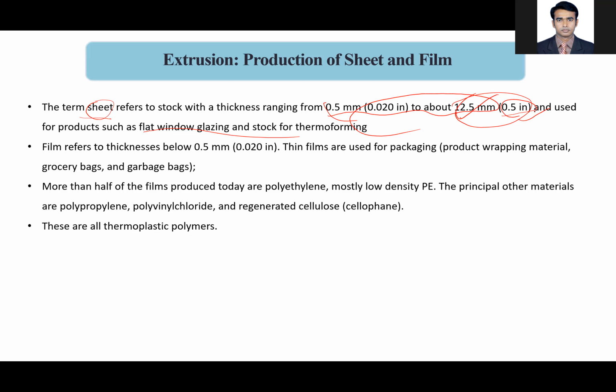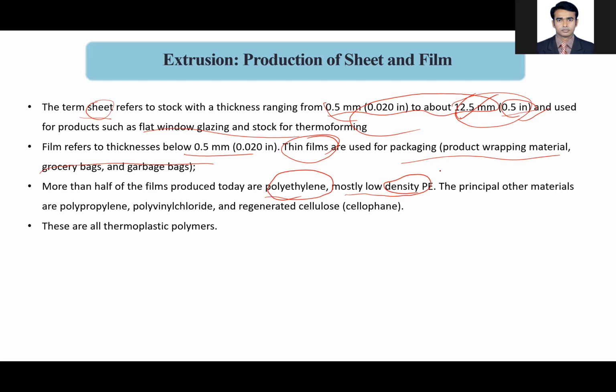Okay, so less than 0.5 millimeter thickness is called thin films. They are usually used for packaging, product wrapping material, grocery bags, or garbage bags. More than half of the films are polyethylene, mostly low density polyethylene.